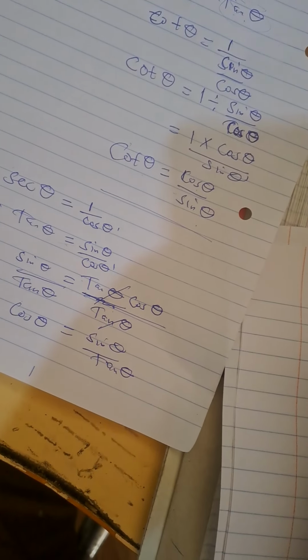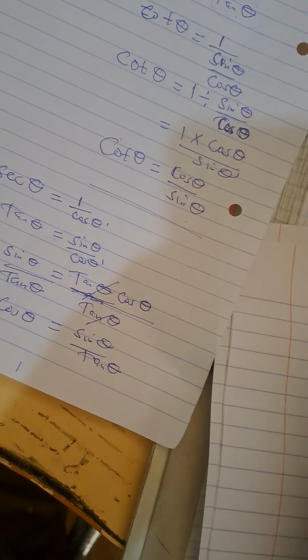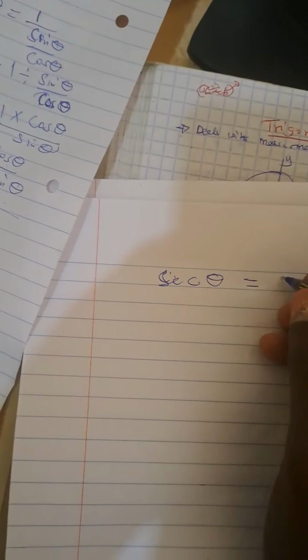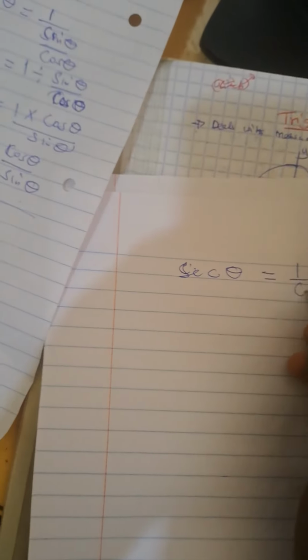Then we go back to what we said here: sec theta is equivalent to 1 over cos theta.